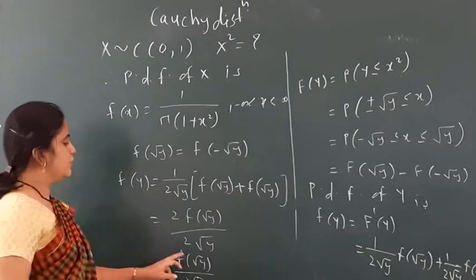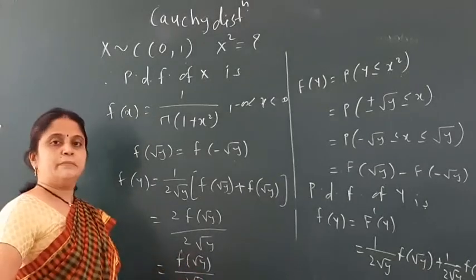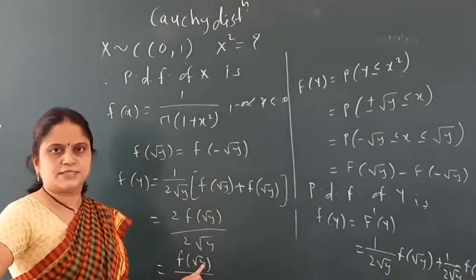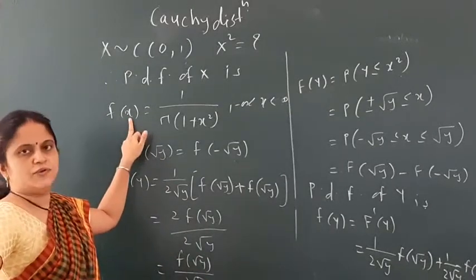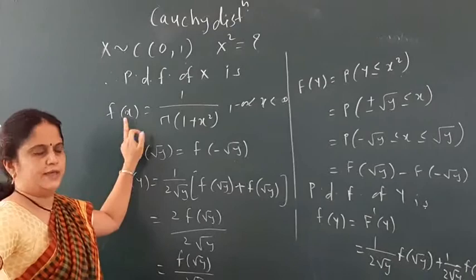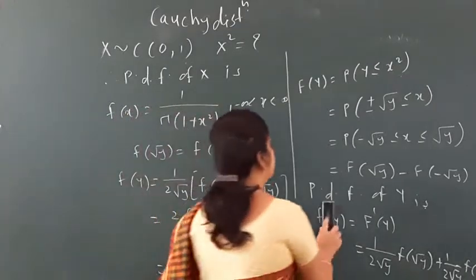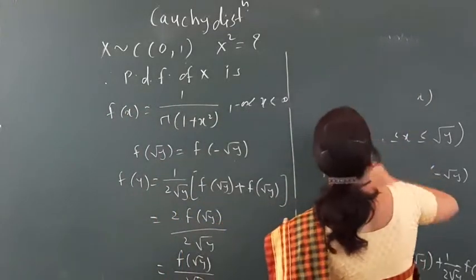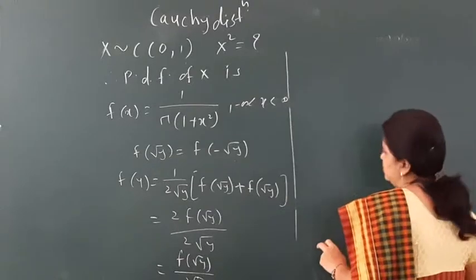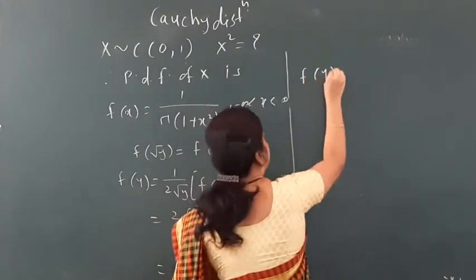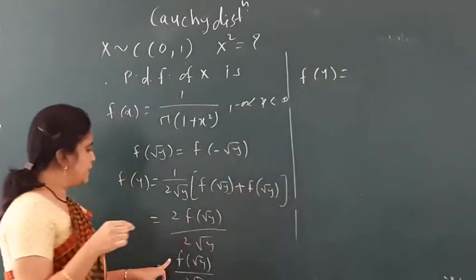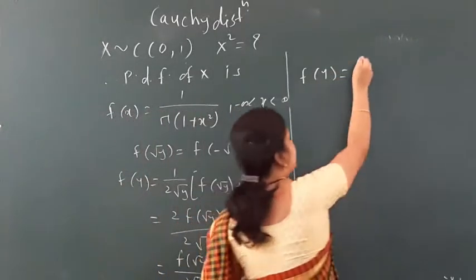So f of root y means what? We need to simply replace the value of x in the PDF as root y. That is, over here I replace the value of x as root y. Okay, so what do we get now? We check our function which comes as f of y. This is equal to, I can replace simply the value, and the denominator is as it is.